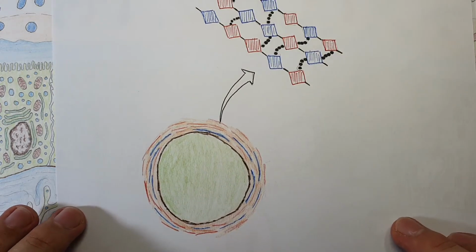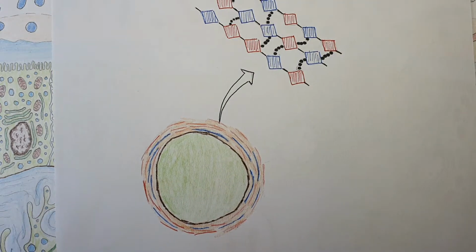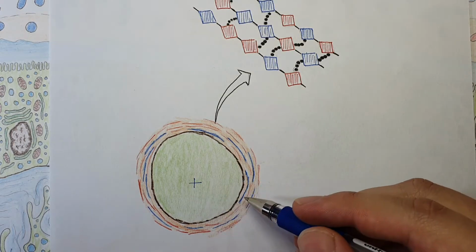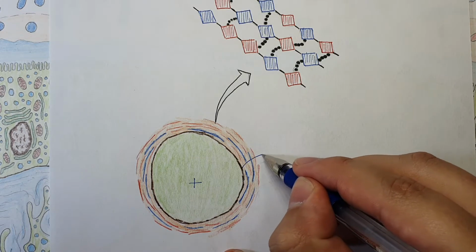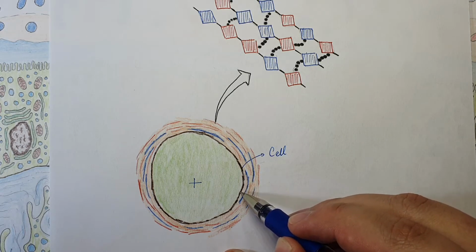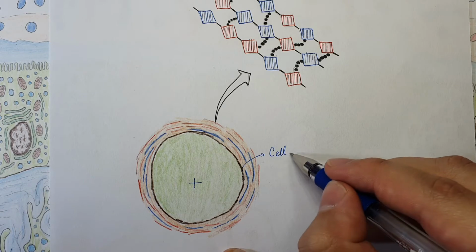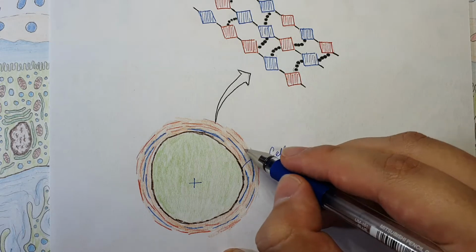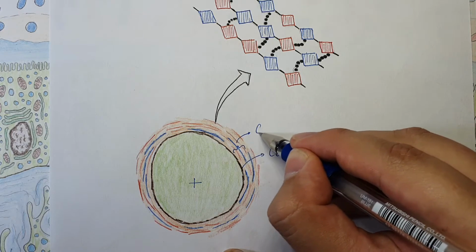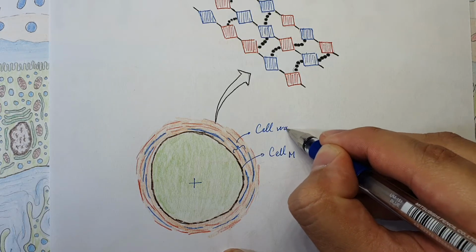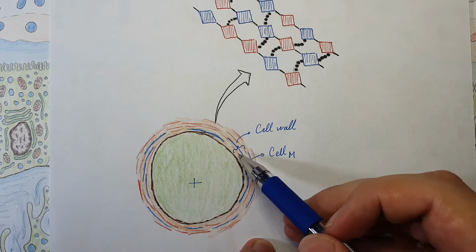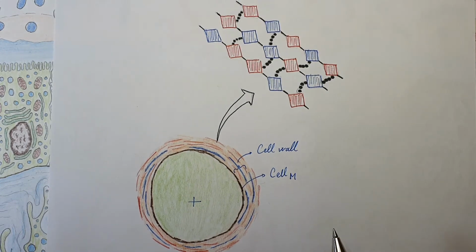So this would be a gram-positive bacteria. So this gram-positive bacteria has this cell membrane. So this is the cell membrane of the gram-positive bacteria. And this structure is actually the cell wall of the bacteria. So the bacteria has this protective cell wall in its structure.